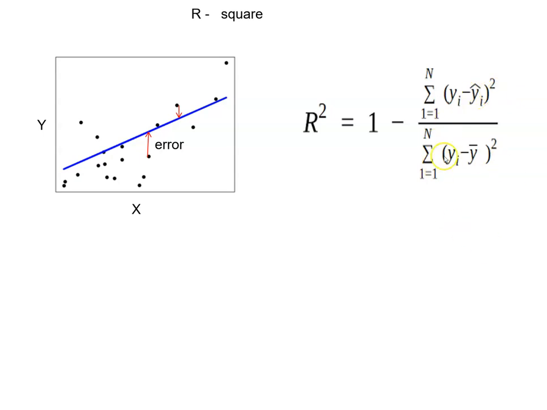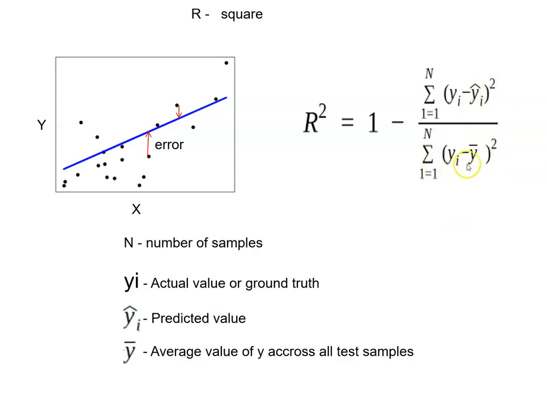And in the denominator we have yi minus y bar whole square, summation up to n. That is, we take the difference between the actual value, the ground truth value of y, and the average of all the data points in the sample, that is in the test data on which we are applying this R square to get the information.